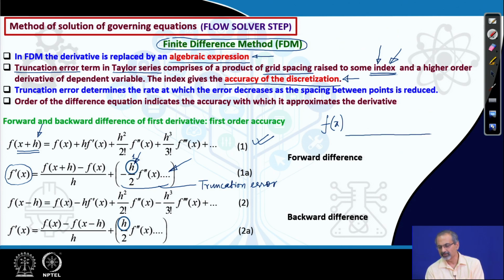What is the idea of the grid spacing? This is the point x. We have a neighboring point at x+h. We can have another neighboring point at x-h, and still more, and all of them are at equal distance from their adjacent neighbors. In that case, what we have is a one dimensional finite difference grid which is uniform.